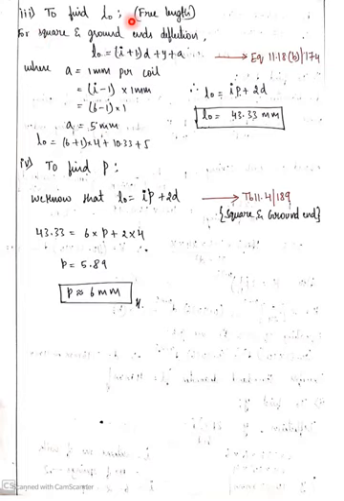Next, to find the free length. There are different types of springs depending on the end conditions. If you go to table 11.4, you will get this equation as the free length equation, where A is nothing but 1 mm per coil.